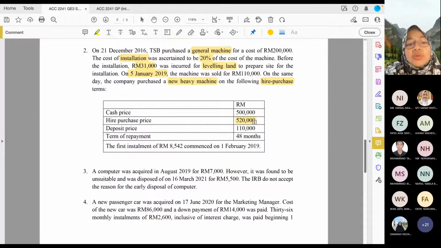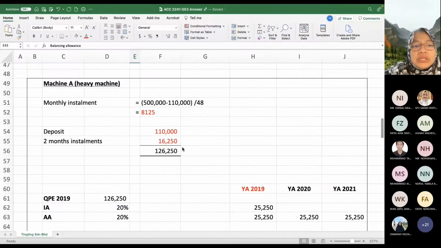So we only want to know what is the cash price, 500,000, and you paid deposit of 110,000, and the balance will be paid over 48 months. Even though you are given the installment payment of 8,542 in February, you have to check what is your capital portion of your installment payment. So to do that, you have to do a computation, right?